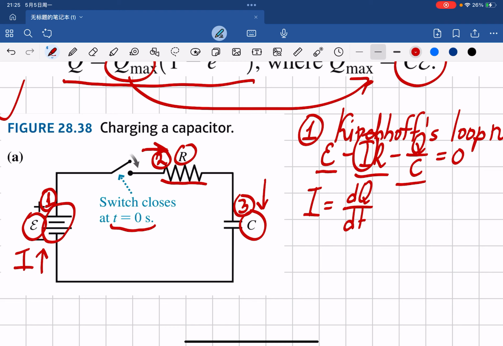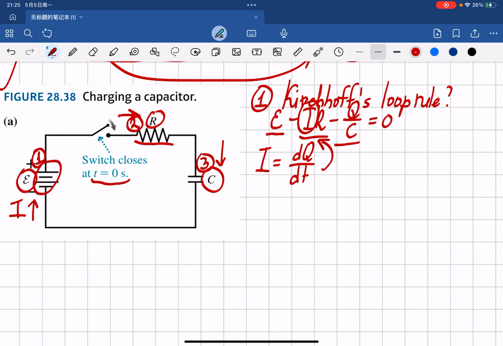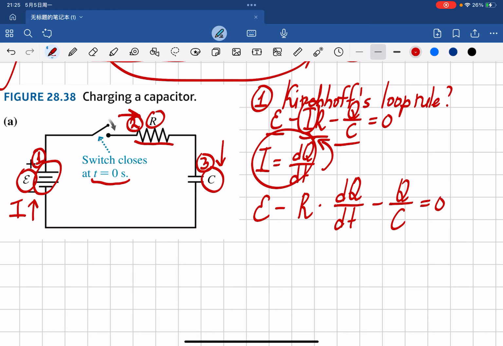And we will substitute this into the loop equation. Then it will be E minus R dq over dt minus q over C equal to 0.